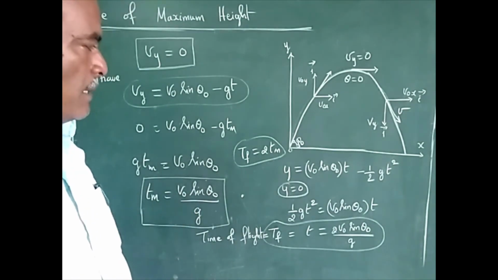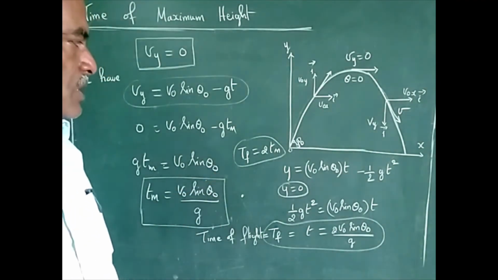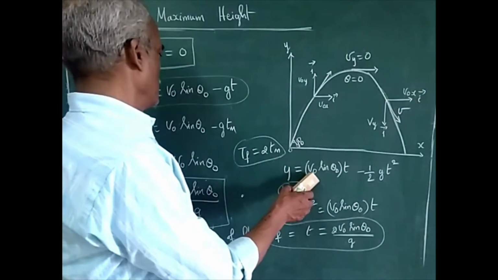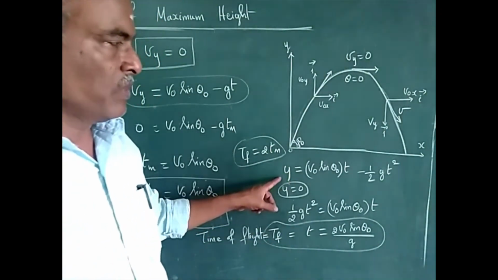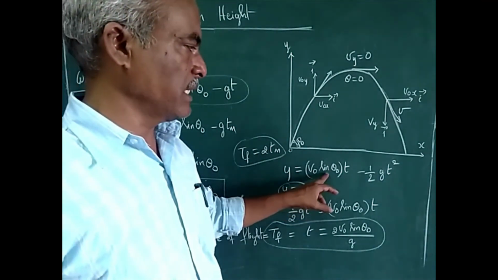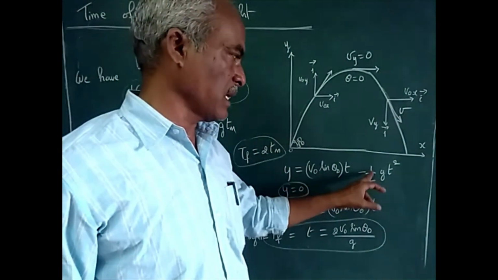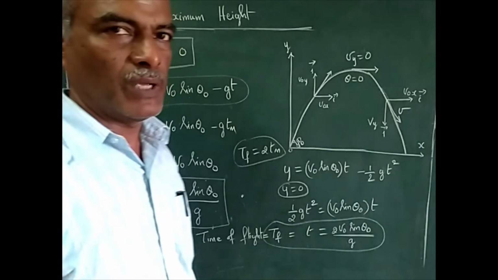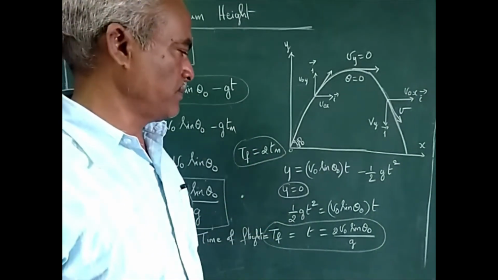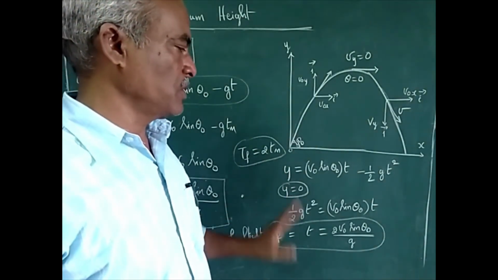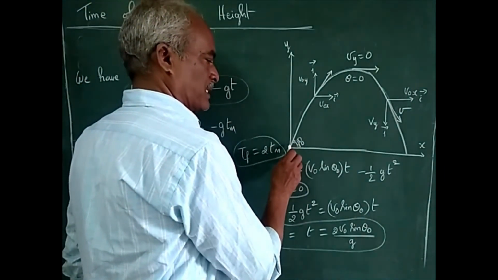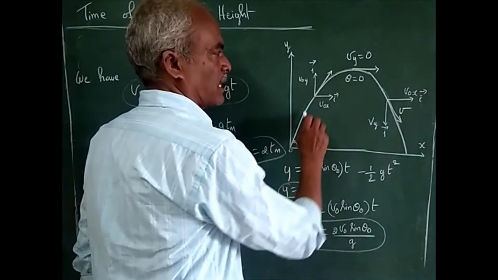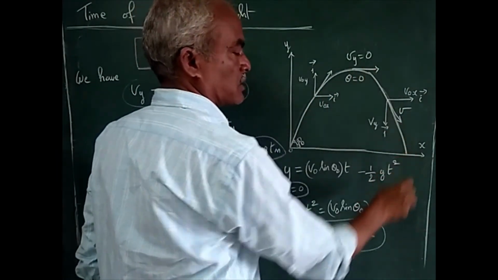Okay, that's the meaning. Now we have another equation also. That was the velocity equation, and this is y, the vertical component, that is y is equal to V naught sin theta naught t minus half g t square. This equation we have got in the beginning itself. Now you substitute y equal to 0, because an object that has been projected from this point travels all along and reaches this point.